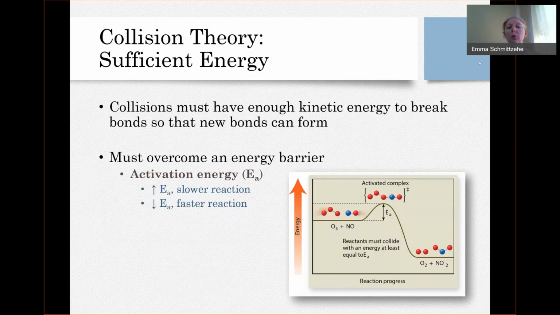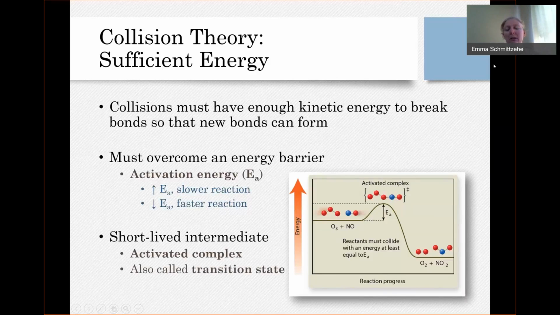Now, when you do have a successful collision, what actually happens is there is an intermediate formed. It is a short-lived intermediate, meaning this forms and breaks down very quickly. That intermediate is usually called an activated complex or a transition state, and that is kind of a connection of the things that are colliding.